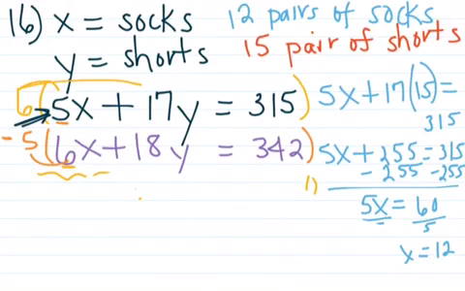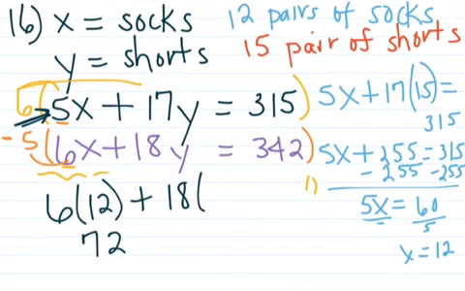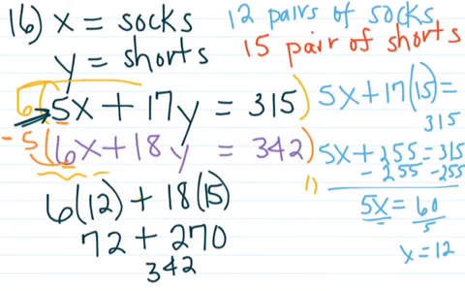So let's try our answers in the purple equation, or second equation. We'd have 6 times 12, which is 72, plus 18 times 15, which is 270. And when you add 270 plus 72, that's 342, which is the answer we were supposed to get. So that means our answer works in both equations.